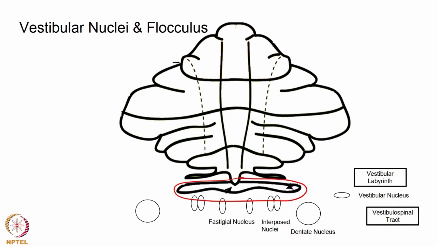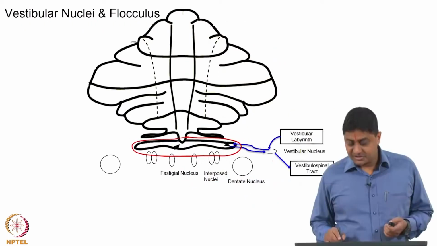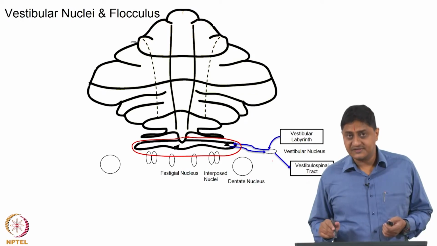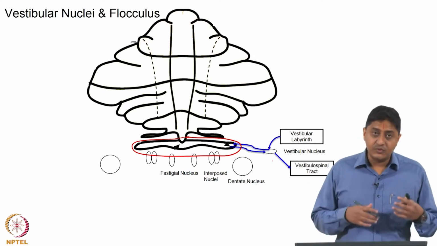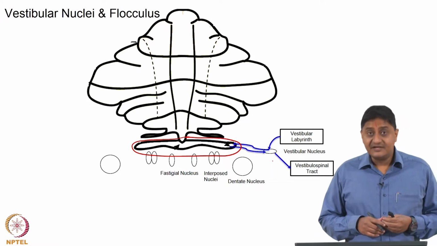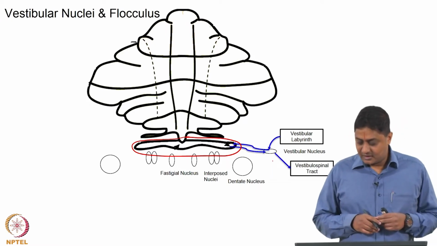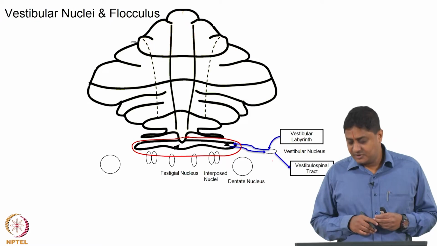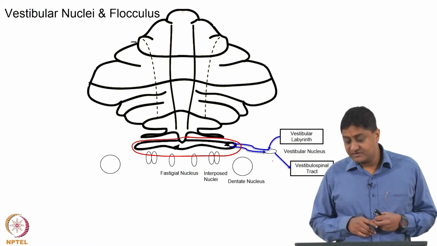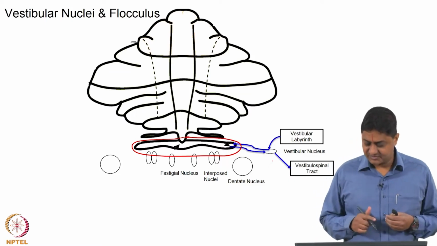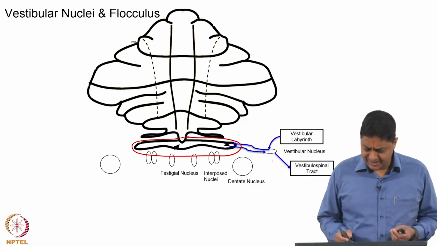We said that it receives information from the vestibular labyrinth via the vestibular nucleus, and then projects back to the vestibular nucleus, which is the equivalent of the deep cerebellar nucleus, and from there the vestibular nucleus projects directly to the vestibulospinal tract to provide some form of corrections, right. So, it is responsible for posture and balance in some sense, right.